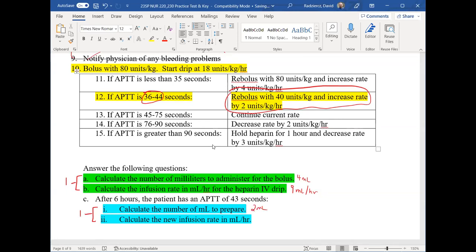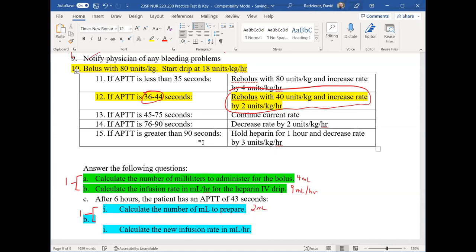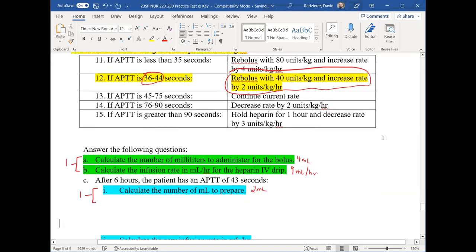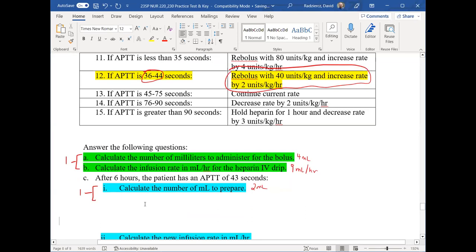But as a refresher on how to solve that, let me write it out. I'm going to take our patient. Remember, it's the same patient, 110 pounds, so that's still 50 kilograms. That did not change.